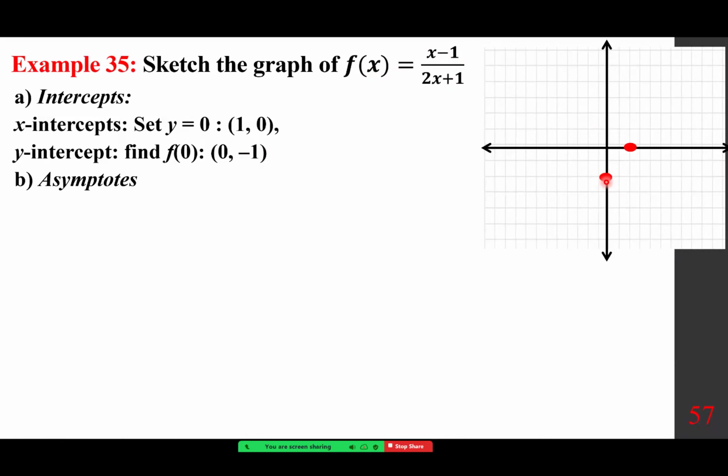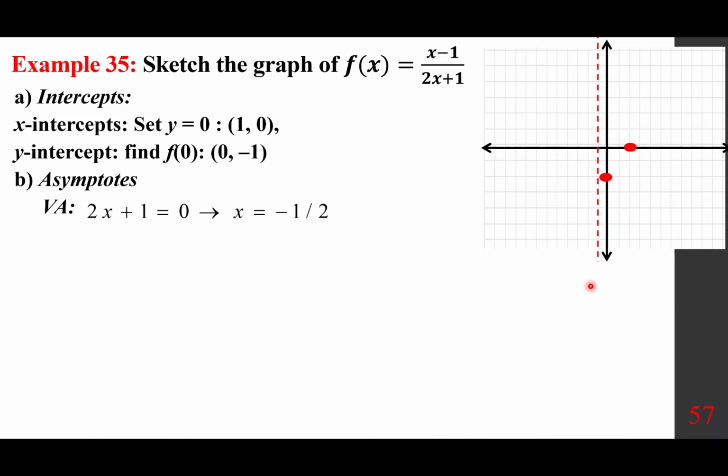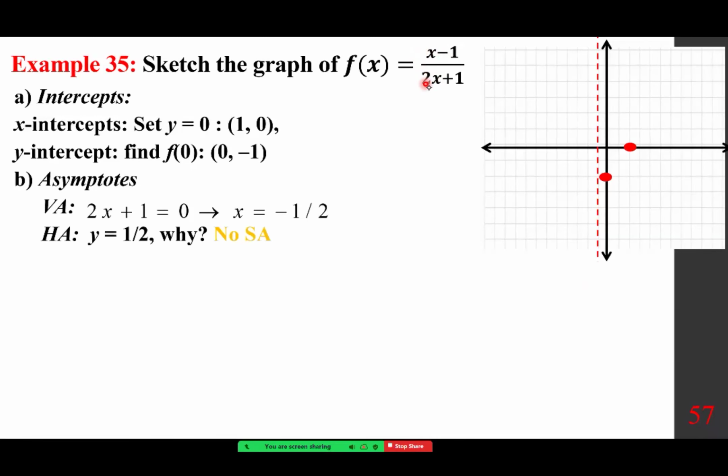Asymptotes. The easy one would be the vertical asymptote, 2x plus 1 equal to 0, which results in x equals negative 1/2. x equals negative 1/2 is a vertical line. Horizontal asymptote. If you look, the degree of the numerator is 1, the degree of the denominator is 1. So 1 times x, 2 times x, y equals 1/2.